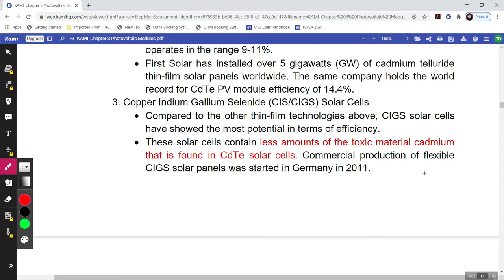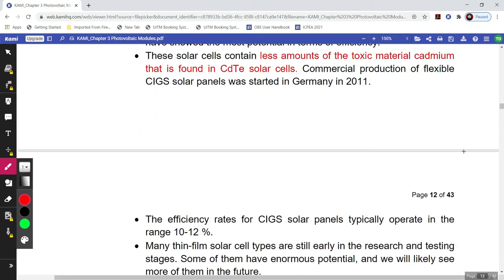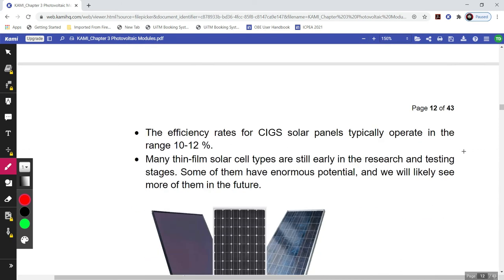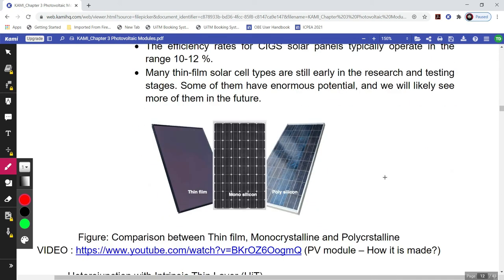Commercial production of flexible CIGS solar panels started in Germany in 2011. The efficiency rate of CIGS solar panels typically operates in the range of 10 to 12%. So many thin film solar cells are still in the early research and testing stages. Some of them have enormous potential and we will likely see more of them in the future.